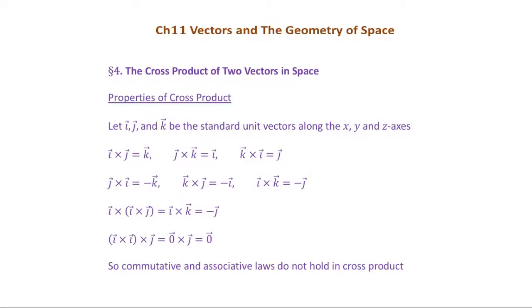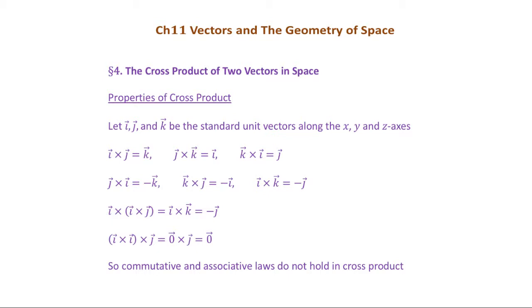Okay, so that's this. There are some important properties of the cross product. So again, let's just start from the standard unit vectors i, j, k along the x, y, z positive directions. And then we have the following relations. i cross j will be equal to k. So you cross two vectors, you get another vector.